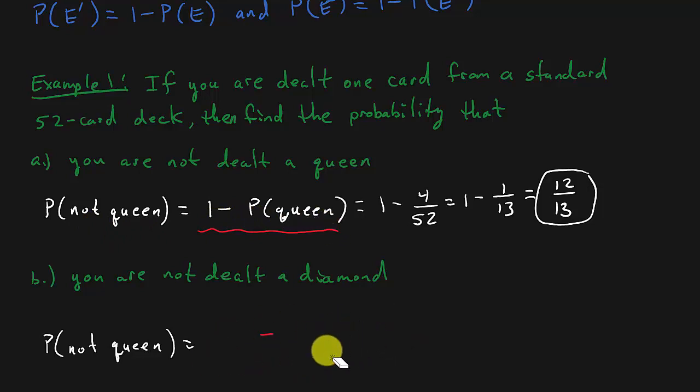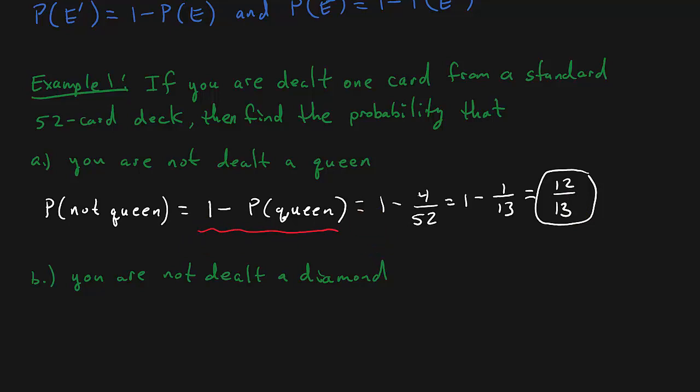That's the whole concept of this complement rule. I understand it's not that difficult on this one, but some problems can be a lot more difficult, and it's a whole lot easier on some of them to use this complement rule.